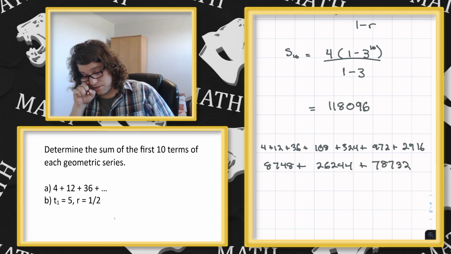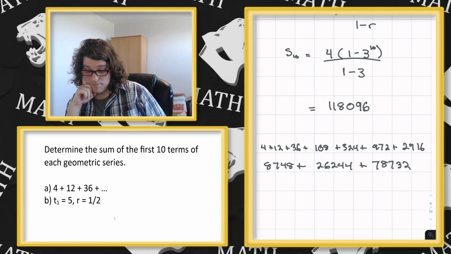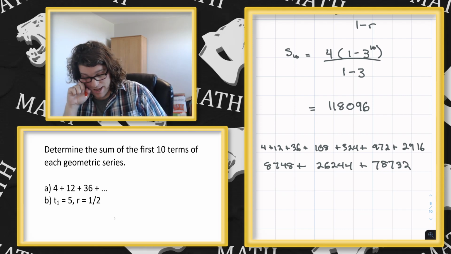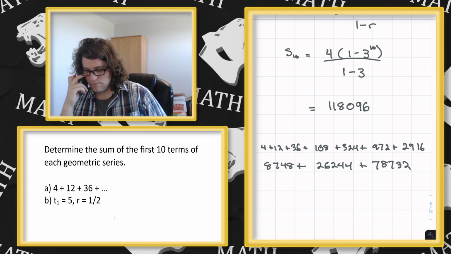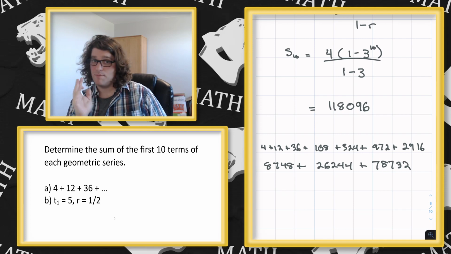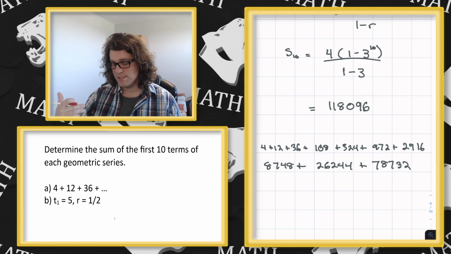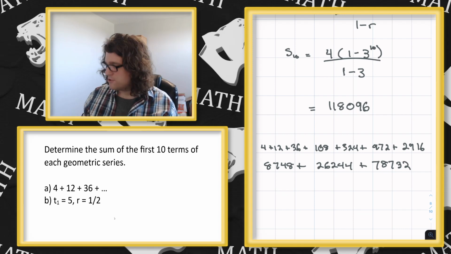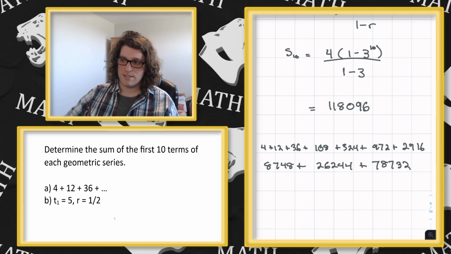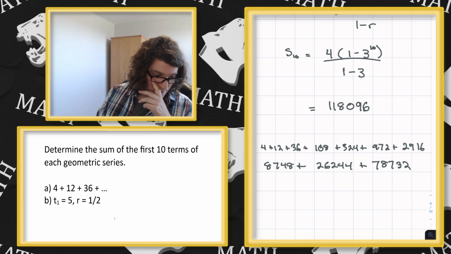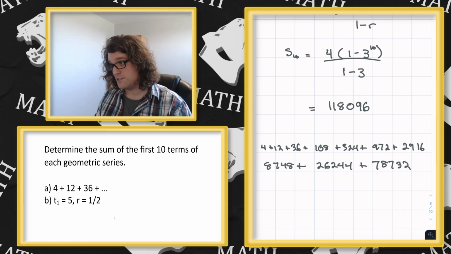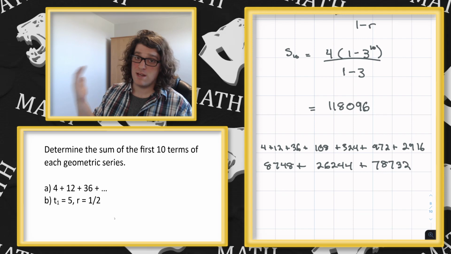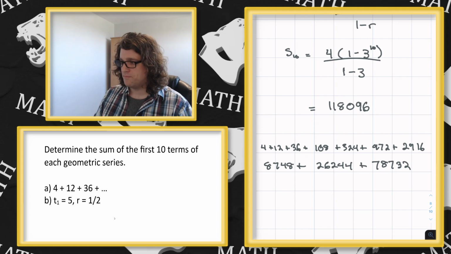And so now that you see that last number being almost 79,000, and that's added to 26,000, you probably are feeling a little more confident that we are going to be able to reach a number such as 118,000 in 96. Anyway, I thought I would do it out that one time, just so you can see that the exponential growth that's occurring here is in fact making a very large difference in making our values become very big for sums very, very quickly.